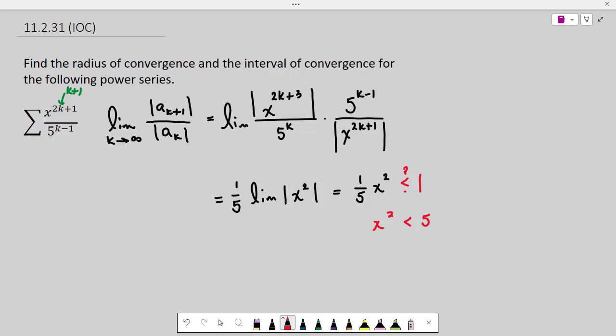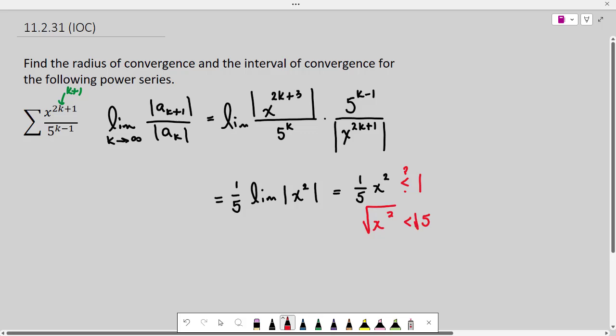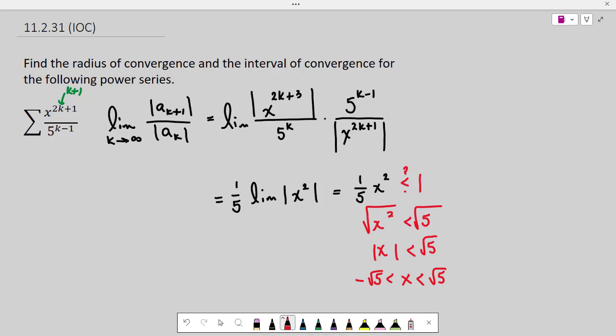That means if you take the square root of both sides, the absolute value of x is the square root of x squared. So this tells us that we have that interval that we're working with, negative root 5 to root 5.